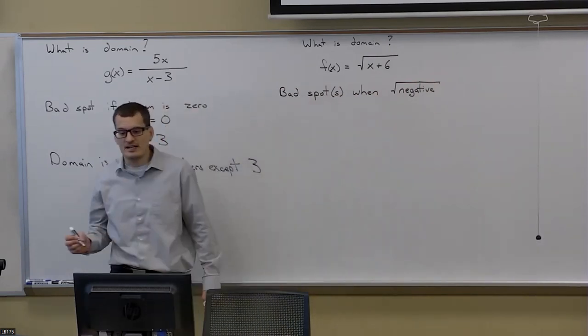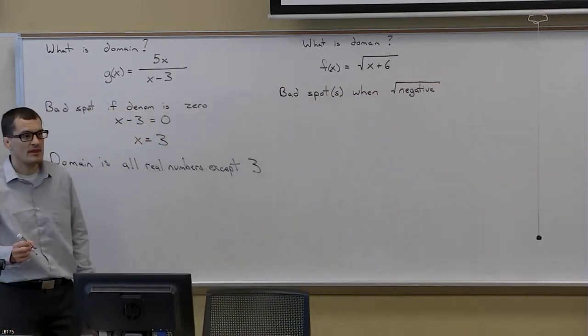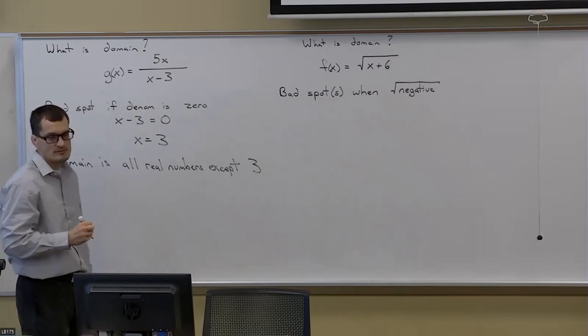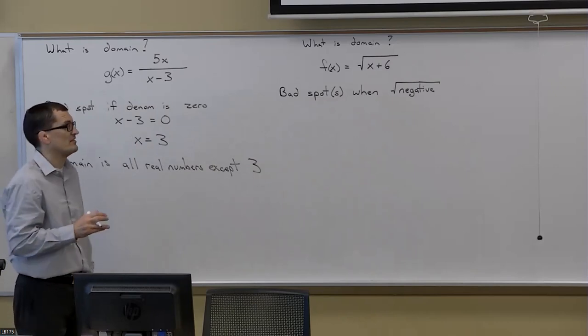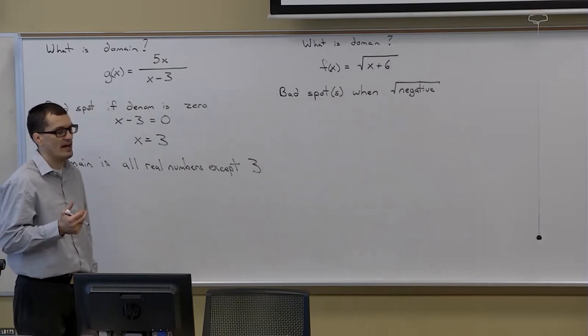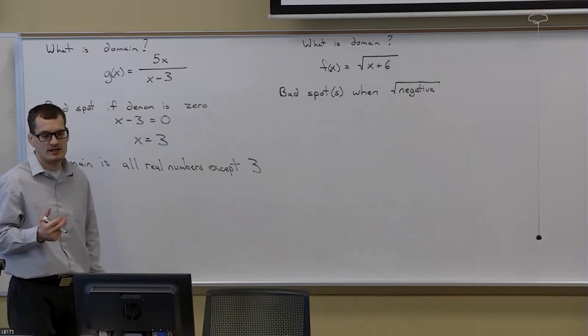Square root of a negative number is not going to be real. You don't get a real number. And so we can't graph that on the Cartesian coordinate plane.